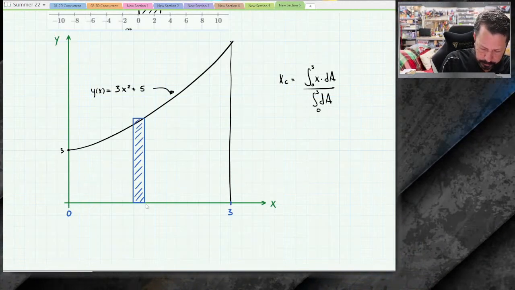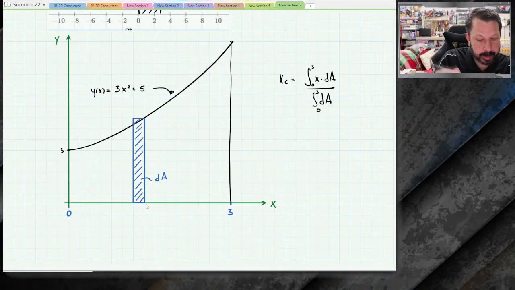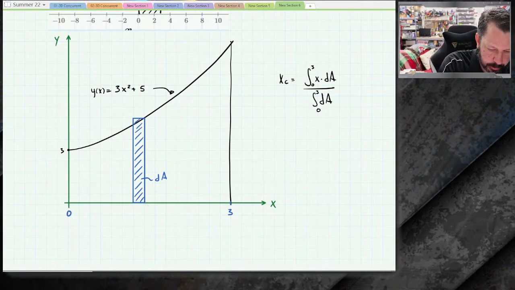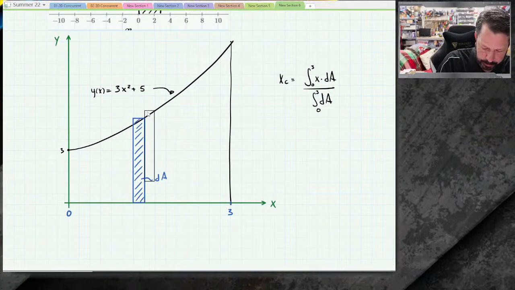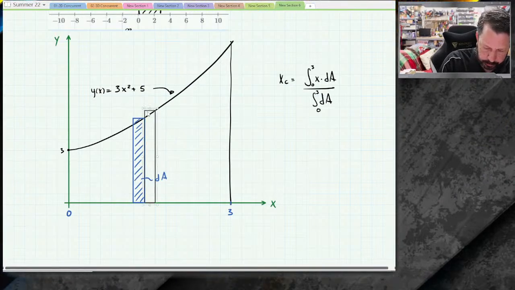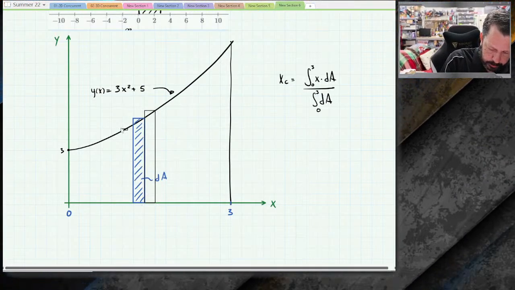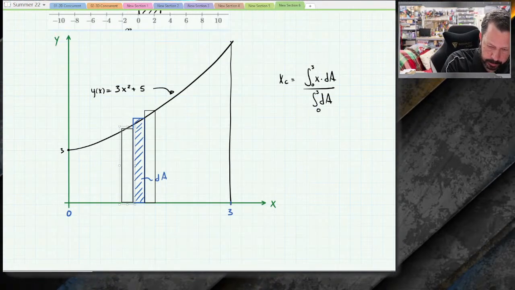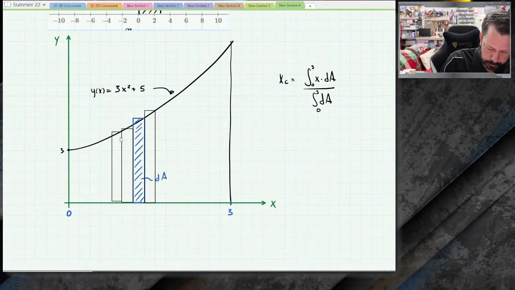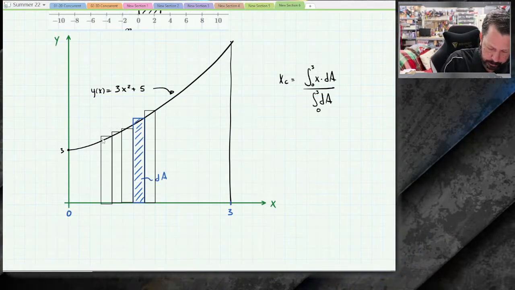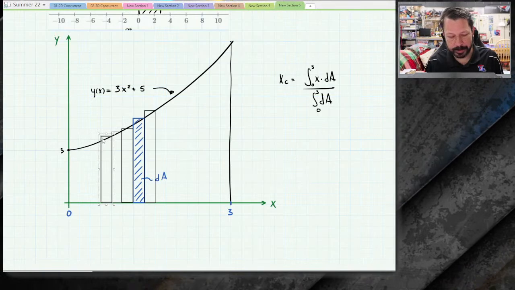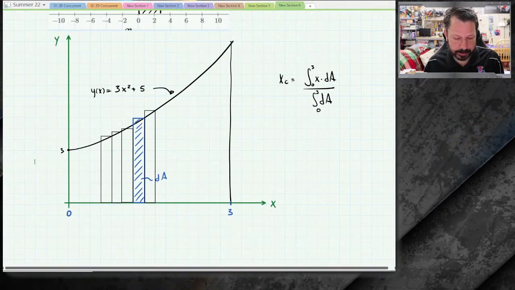Right? So that guy's dA. And I have a whole bunch of these. Let's draw some more. I'll draw them this way. So, you know, there could be another one right here. Another one right here. And so forth and so on. You make them really thin. I'm not going to draw all of them. That's enough of them. So there we have all these little strips.